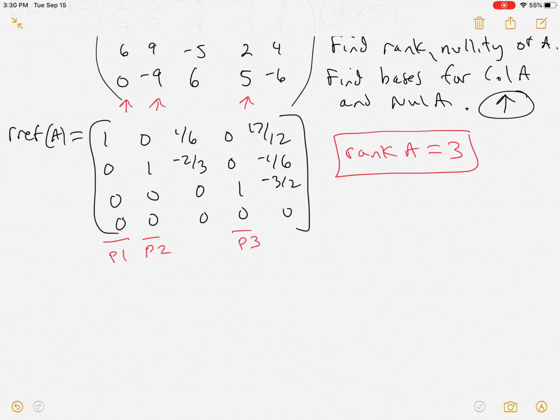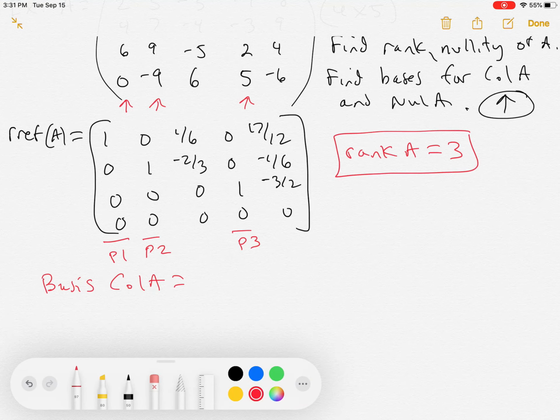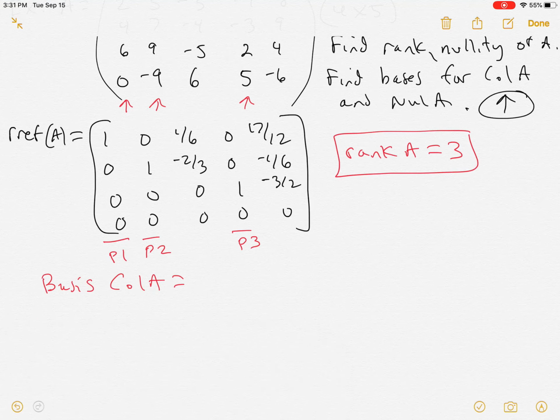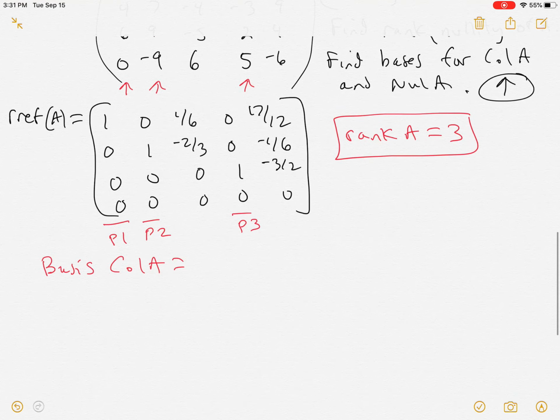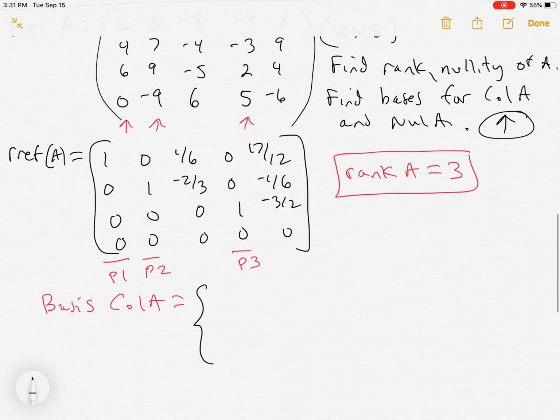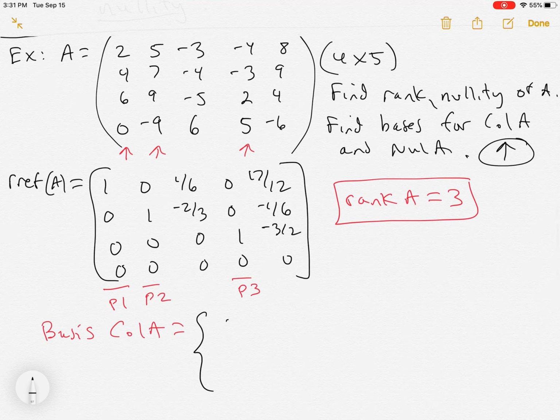So let's find the basis for the column space of A. And it turns out to be, where are those vectors? 2, 4, 6, 0.